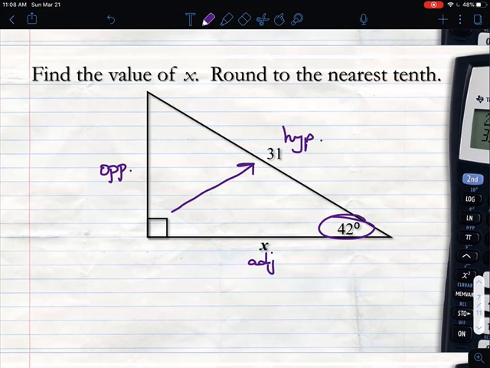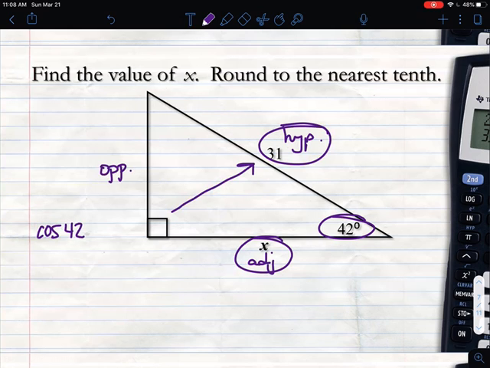Now if I look closely at this picture, I have to figure out which trig ratio to use. Am I going to use sine, cosine, or tangent to set up this equation? And so if I look, I don't have anything for the opposite leg, which means I can't use anything with opposite. I have the adjacent, and I have the hypotenuse, which goes with cosine. So I'm going to start off my equation with cosine of 42.